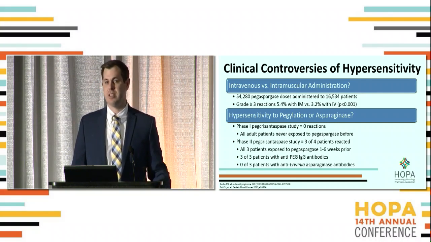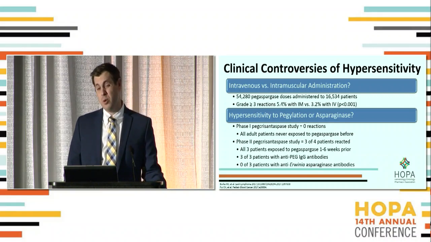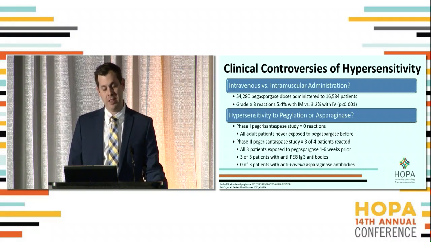That's quite convenient for us, obviously, because nobody wants to get stuck with a big needle IM, and it's just easier to give it IV. There's no such data that suggests the same principle applies with Erwinia asparaginase, and we'll talk about some other confounders with Erwinia later on.